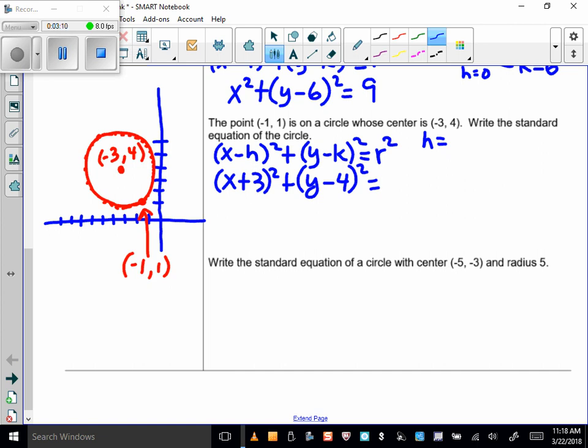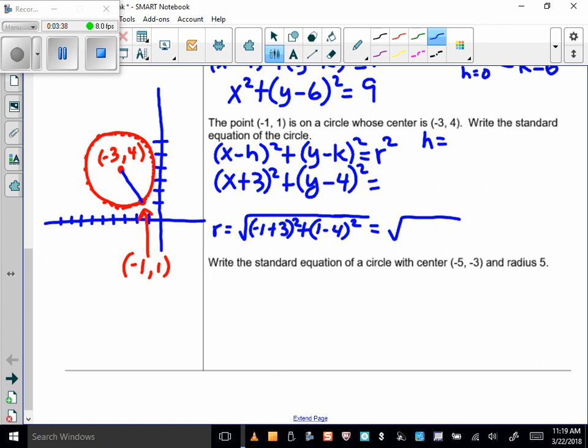Okay, well, how can I figure that out? Well, I've got a point on the circle. Here's the radius. So all I've got to do now is figure out the length of the radius, right? How am I going to do that? With the distance formula, of course. So I've got my 2 points. So I'm going to do (-1 minus -3) squared plus (1 minus 4) squared.